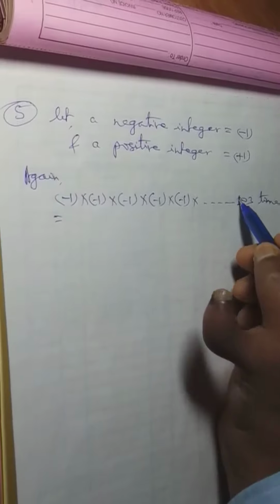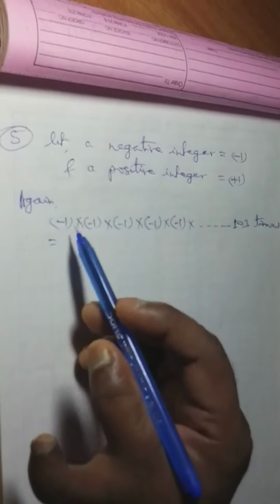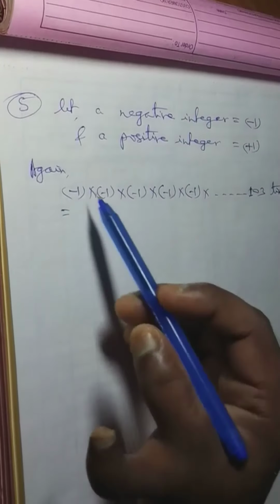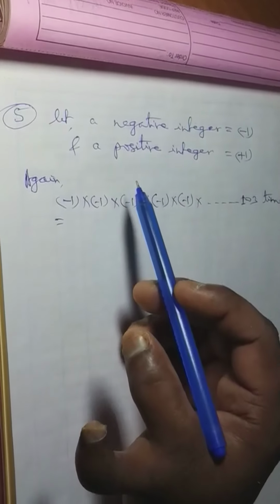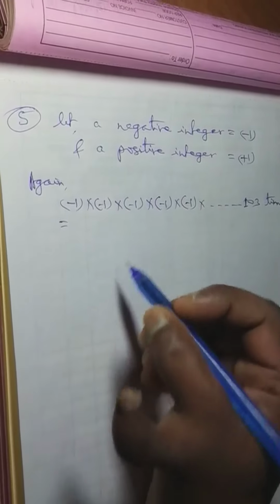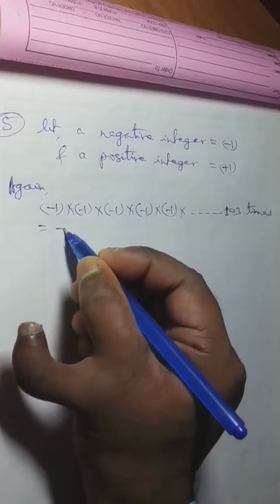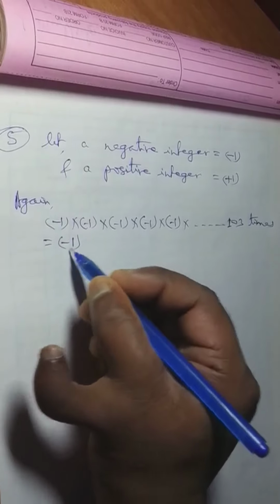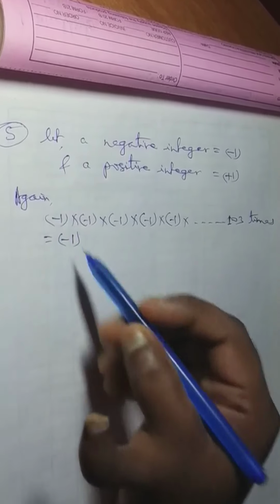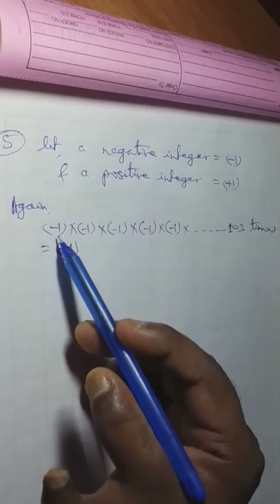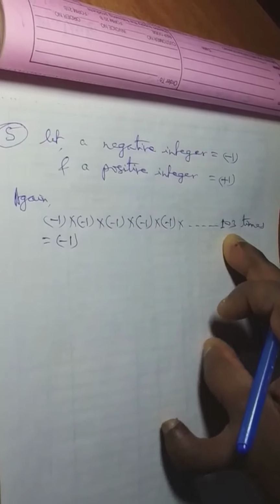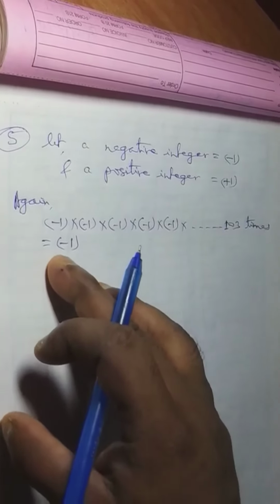We can also say that when negative integers are multiplied odd times, the result is always negative, with negative sign. The result is always a negative integer. 103 is odd, so the result is always negative.